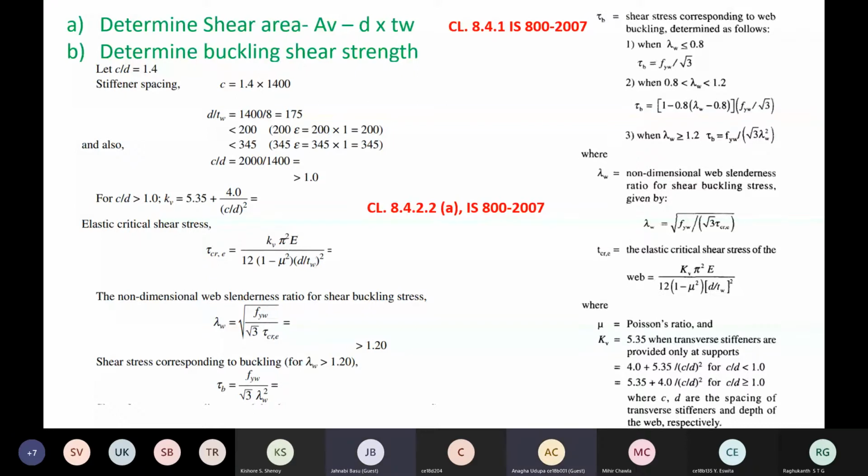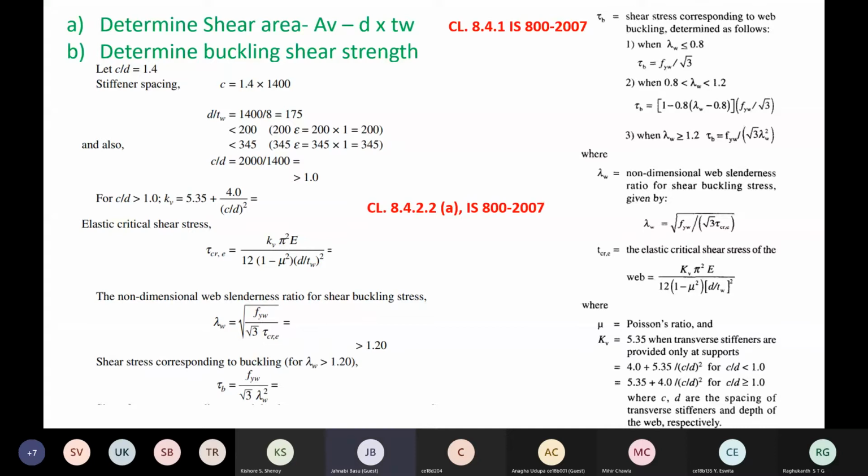Next, we have to go for buckling shear strength. So here you can assume c by d ratio as 1.4 and calculate the stiffener spacing. Whereas in this problem, stiffener spacing is already given in the question as 2000 mm. So here you can just take stiffener spacing as 2000 mm. Then you can perform several checks like d by tw.